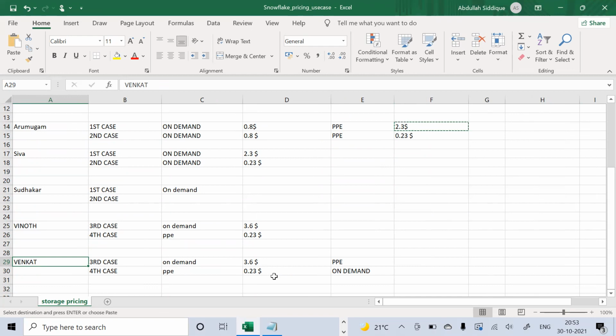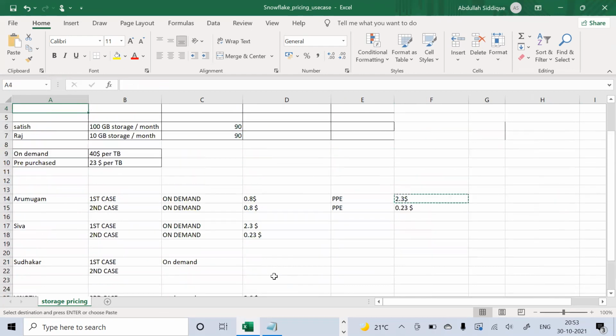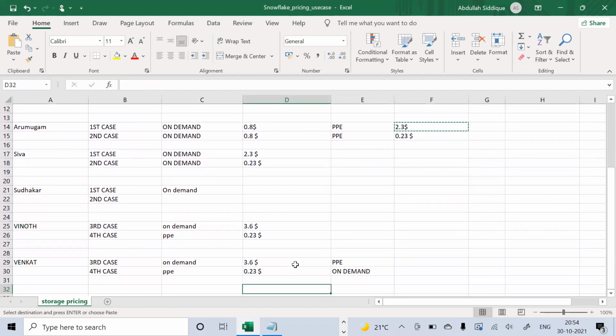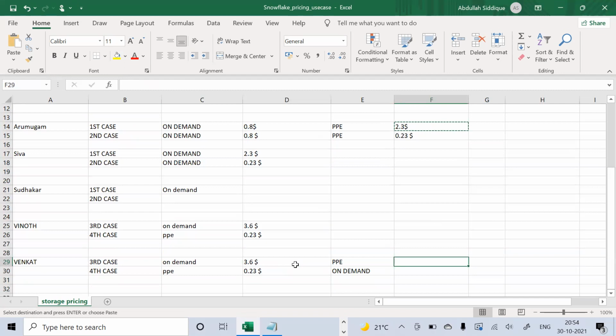So 100 into 0.04. No, 0.1 into pre-purchase, 40. I'm saying pre-purchase. Correct. 100 divided by 1000 is 0.1 into 40 per TB. So $4. No, 23. I am talking about pre-purchase. Pre-purchase. Okay. $23. Correct, Abdul. 2.3. Yeah, you're correct. Okay, so this is wrong.